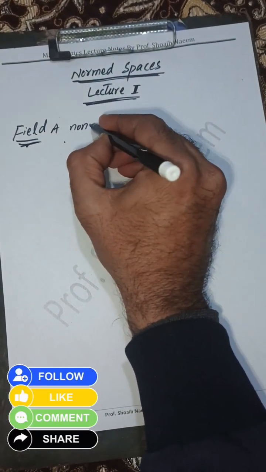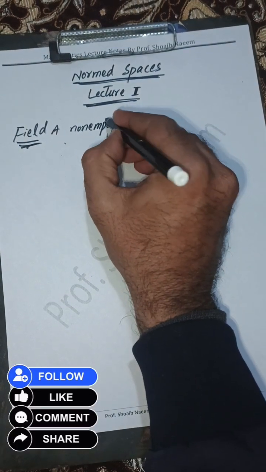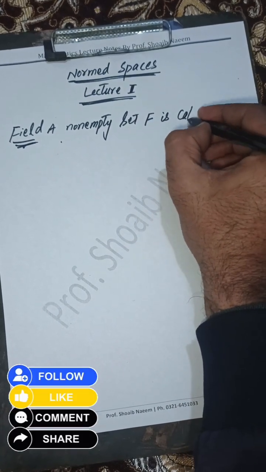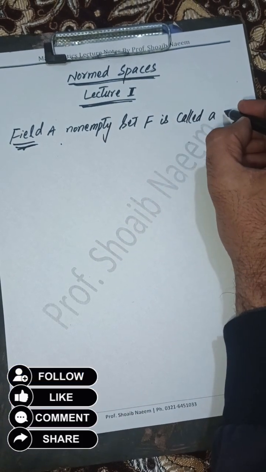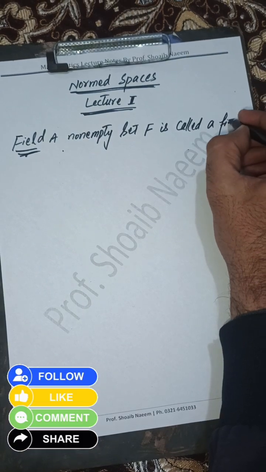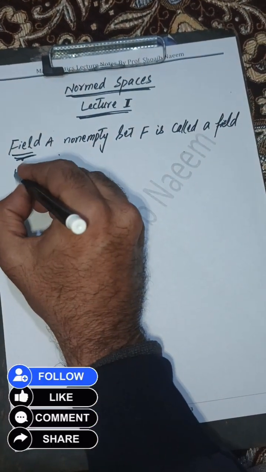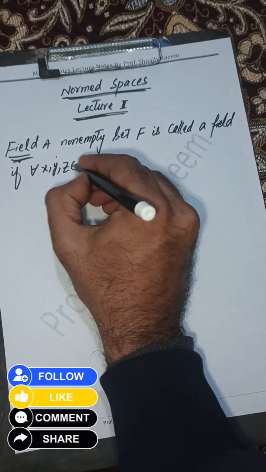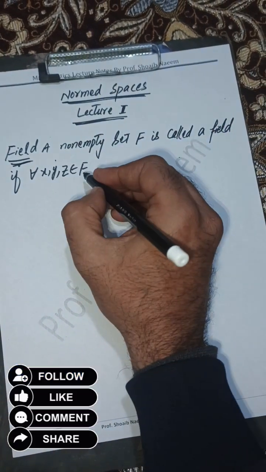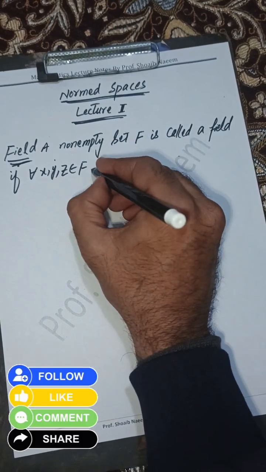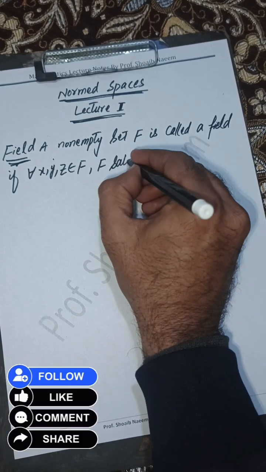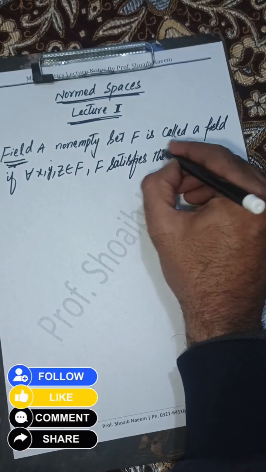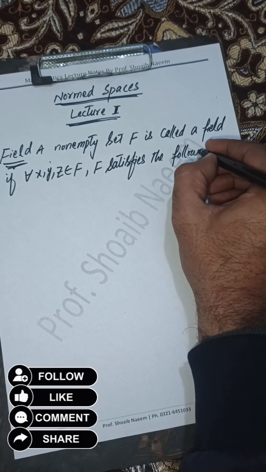A non-empty set F is called a field if, for all x, y and z in F, it satisfies the following conditions, or axioms.